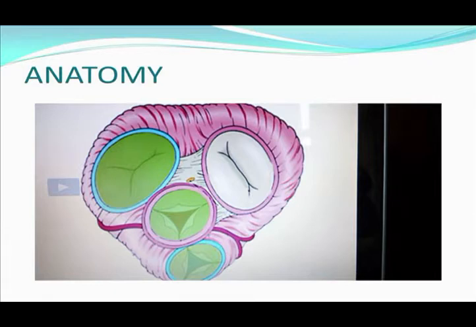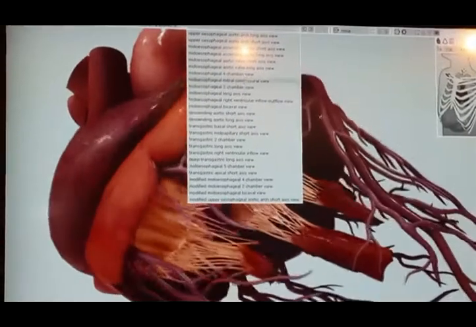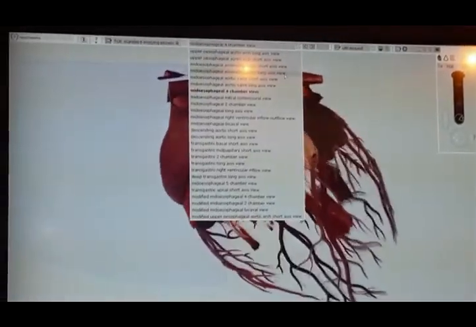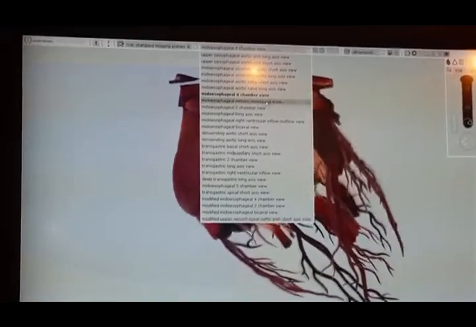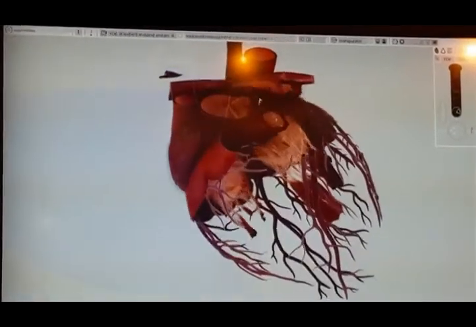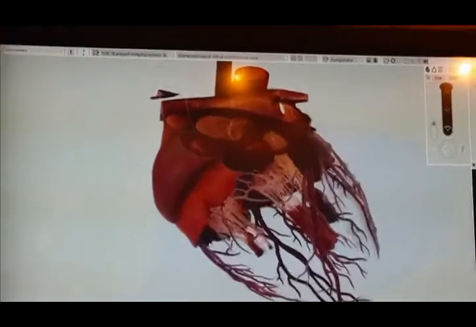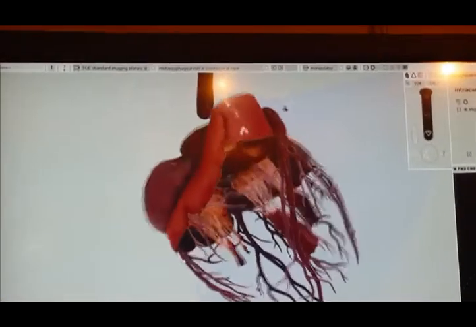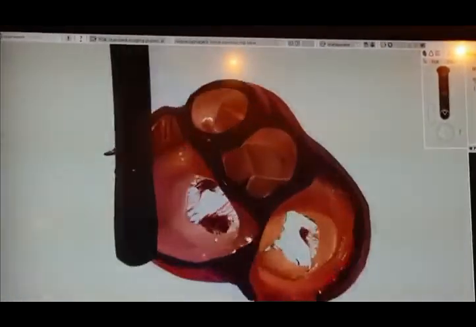There's a 3D representation of the valves from the inside to the outside, showing the attachments to the valves, which we call the chordae tendineae, and the papillary muscles that hold the valves to the walls of the heart.